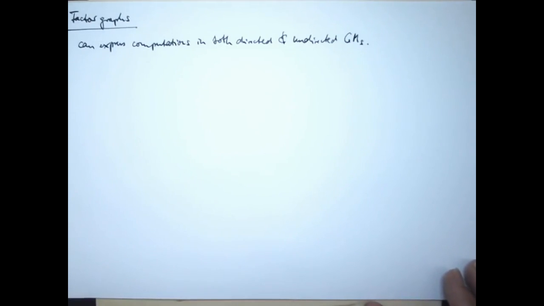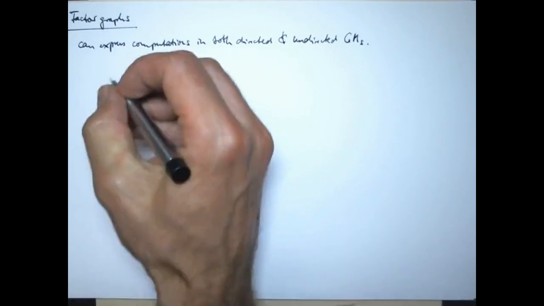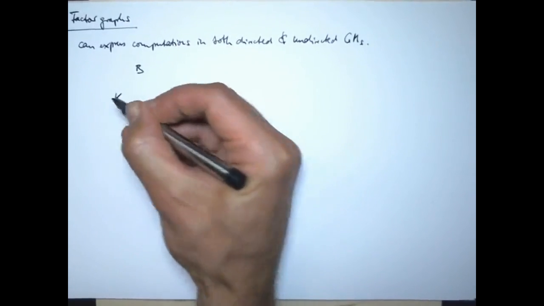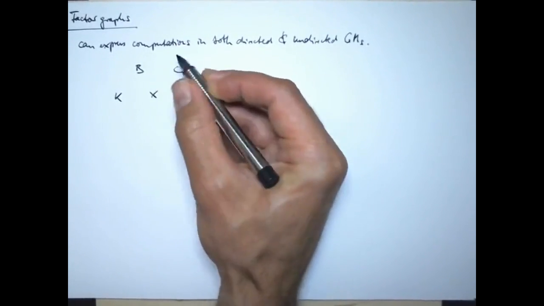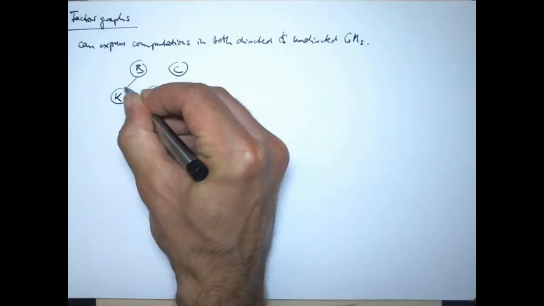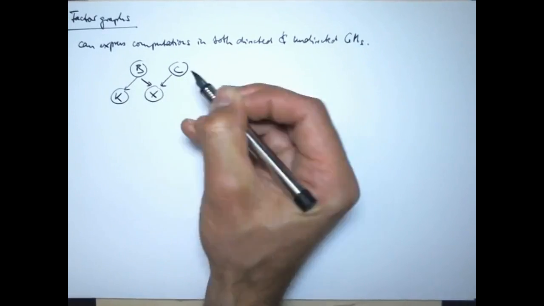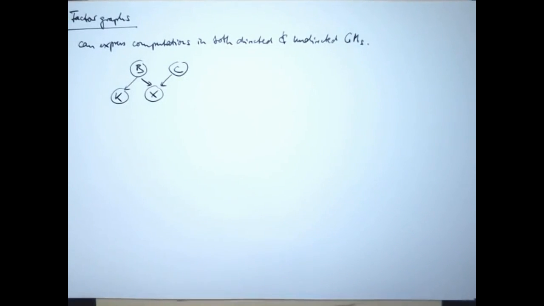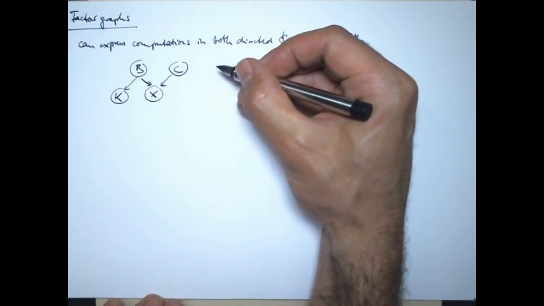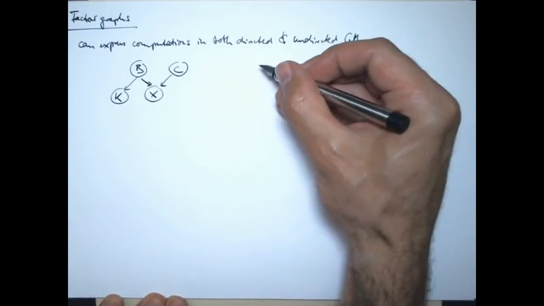So for the example which we have already seen, I could now represent explicitly both the variables and the factors as follows.